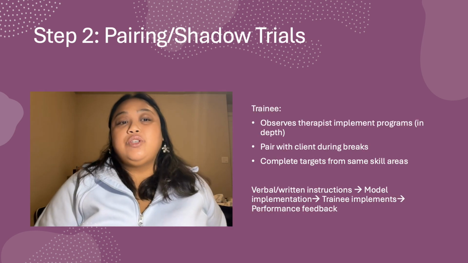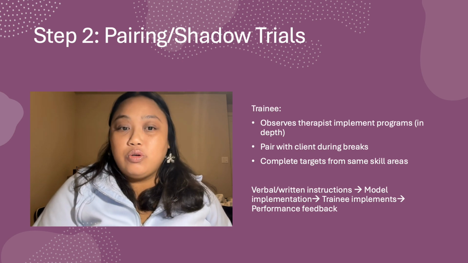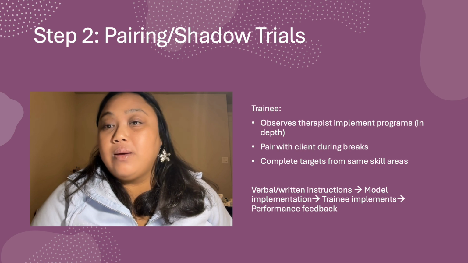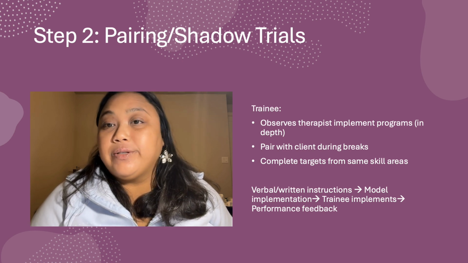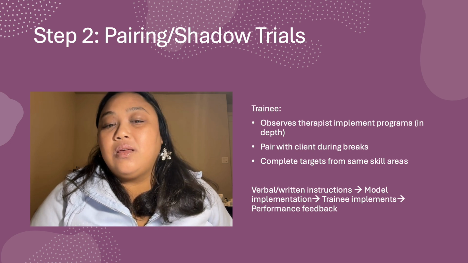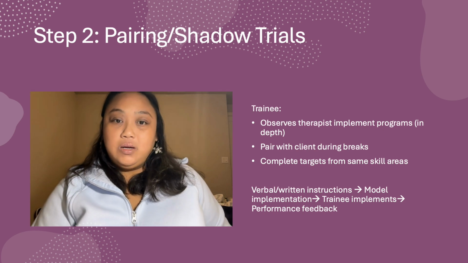So this is step 2, and it is about pairing and doing shadow trials. The trainee observes the therapist implementing programs in depth. The trainee also pairs with the client during their breaks, and they do targets that were previously modeled by the observed therapist.